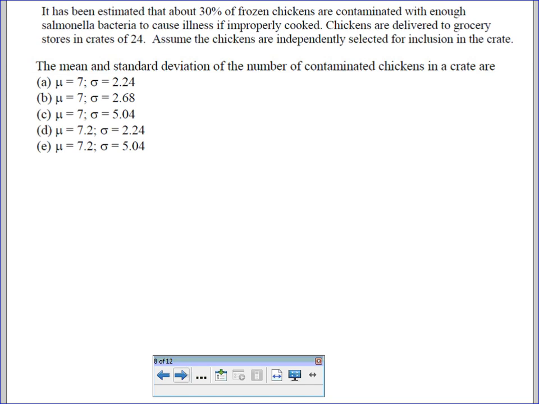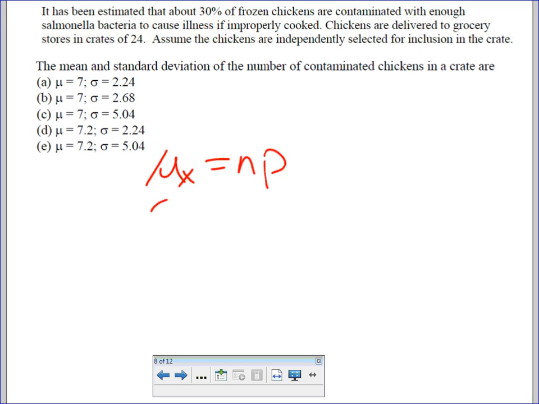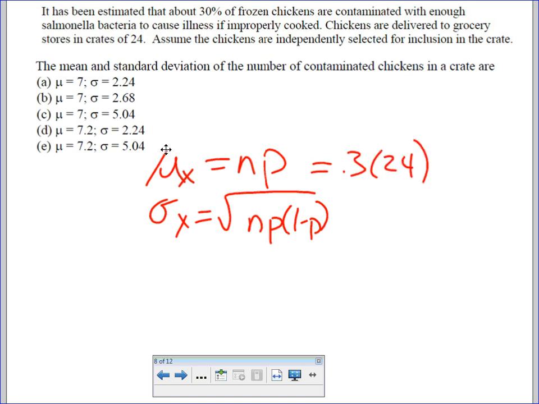It's been estimated, same problem. The mean and standard deviation of the chickens in the crate is. So we have our formulas. On our formula sheet for binomials, expected value is n times p, and the standard deviation is the square root of n times p times 1 minus p. So this is just 0.3 times 24. That's going to give me 7.2.